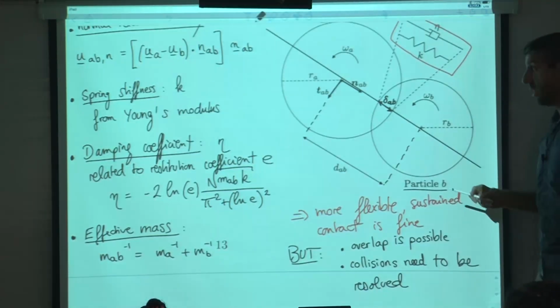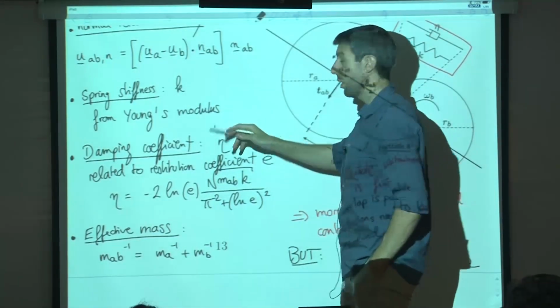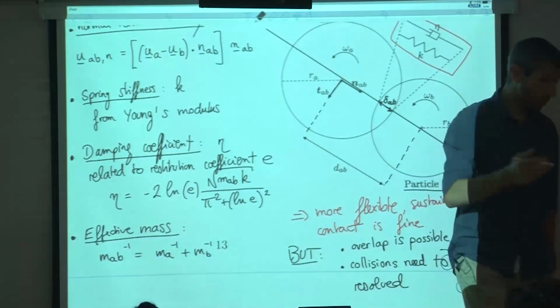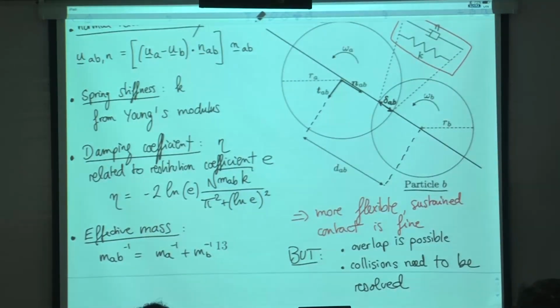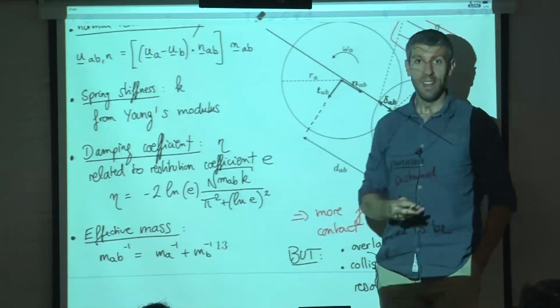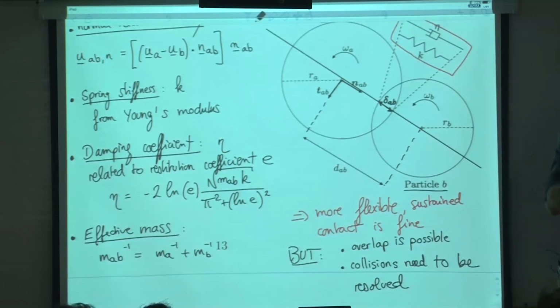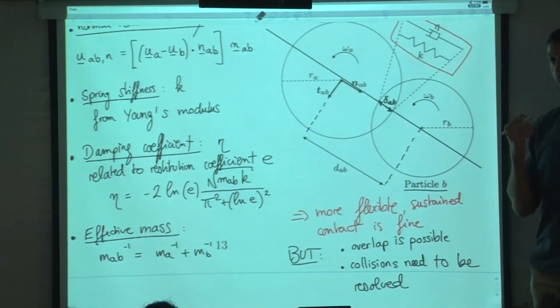So let's talk about that and fix a couple of things now. I don't know if any of you know off the top of your head the Young's modulus for glass or sand or metal particles, but it's going to be such that the true time scale of a deformable collision of any type of realistic particle material will be nanoseconds, if not much less.